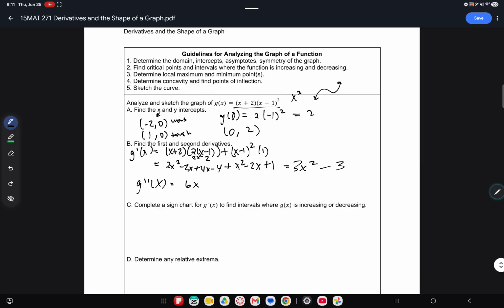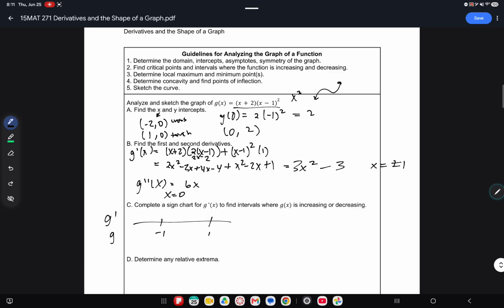So if we do critical values here, for the second derivative, we would have x equals 0. And then for this one, we'd have, let's see, add 3, divide by 3, so it'd be 1. And the square root of 1 would be positive and negative 1. All right, so let's find our stuff. So we have negative 1 and 1. And let's plug in.